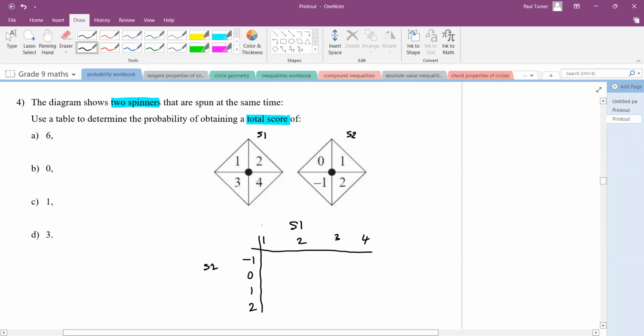So now we need to add these numbers. So we'll go through. So 1 plus -1 is 0. 2 minus 1 is 1. 3 minus 1 is 2. 4 minus 1 is 3.